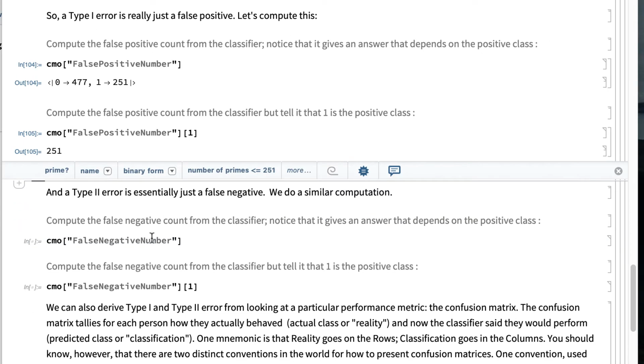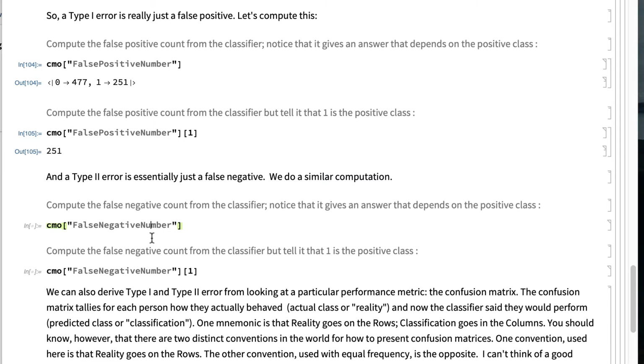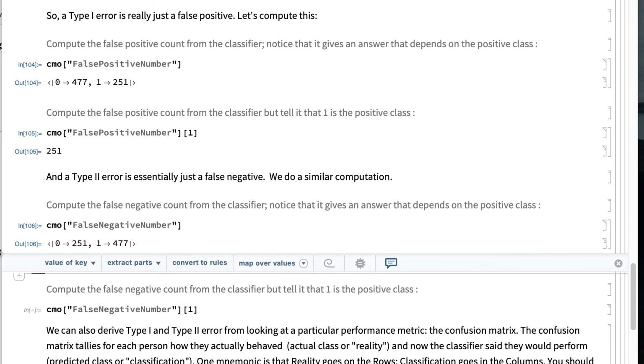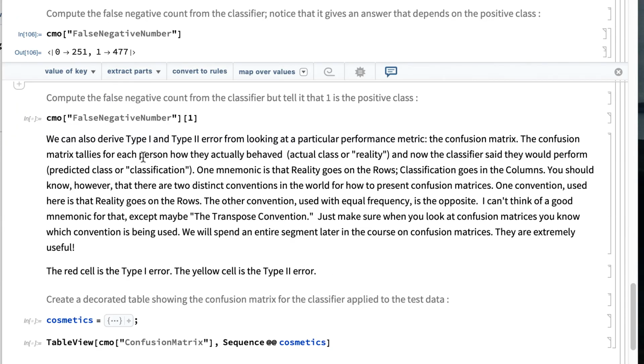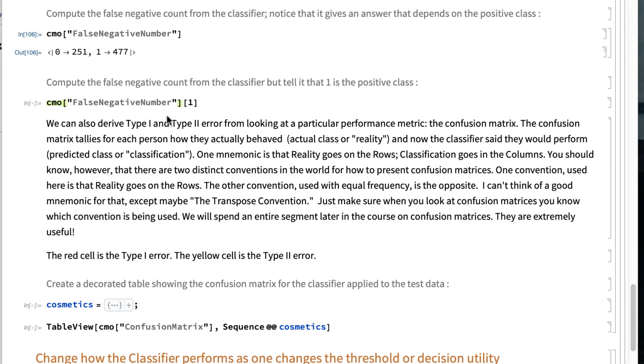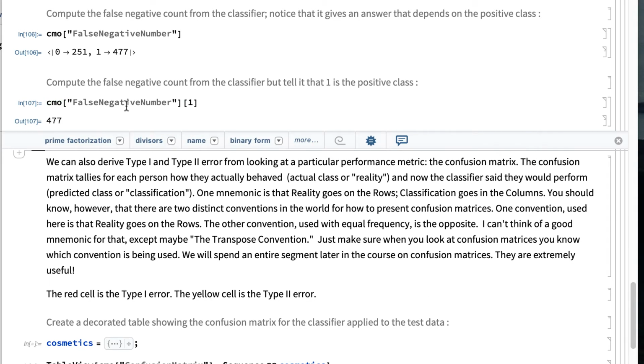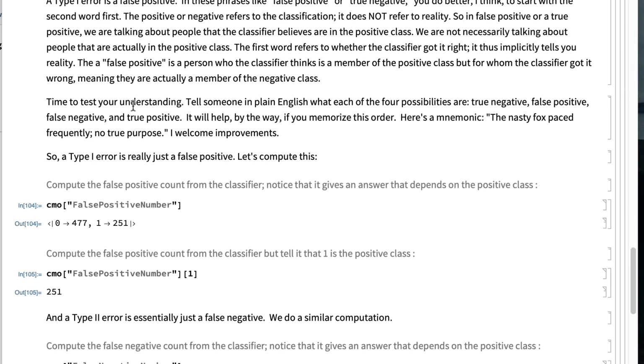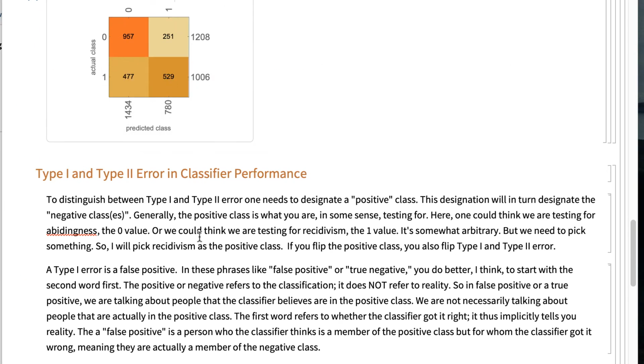We can compute the type 2 error by asking for the false negative number. Type 2 error is false negative. Again, it depends which you designated the positive class to be. I'm designating the positive class to be 1, and therefore the false negative number, the type 2 error, is 477. That number is, again, the one right up there.